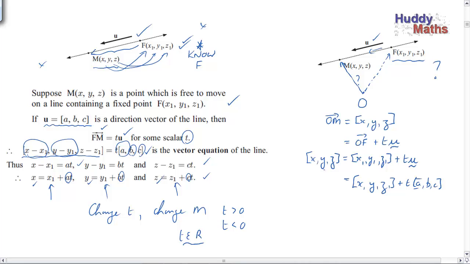So we come directly to this vector equation, and you can unpack it in the same way. x equals x1 plus t times a, here it is, those components make up the overall x component. y equals y1 plus t times b, and z equals z1 plus t times c. Okay, which way do you like?